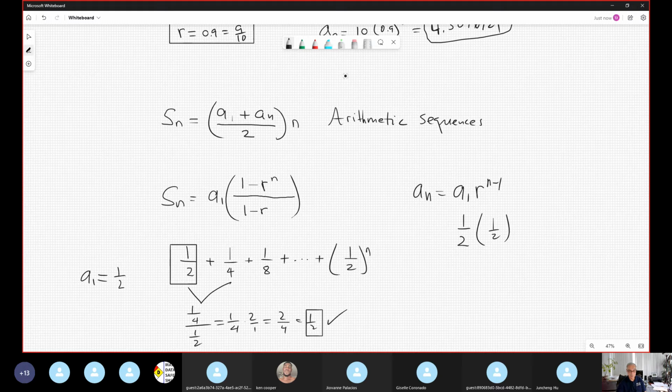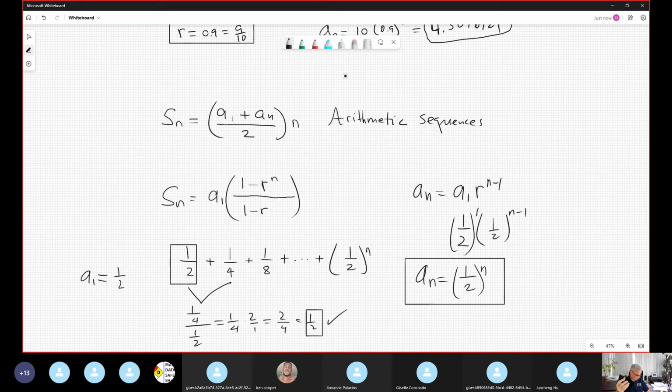Look at that, n minus 1. So when you multiply this and this together, it's obvious that this is 1/2 to the 1 power, and times 1/2 to the n minus 1 is 1/2 to the n. And it gives me exactly the intuition that I predicted here. Okay?